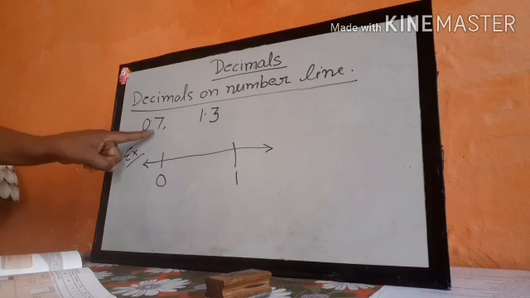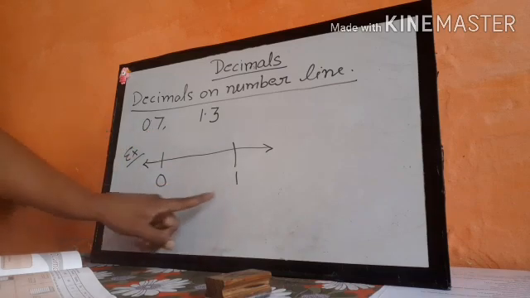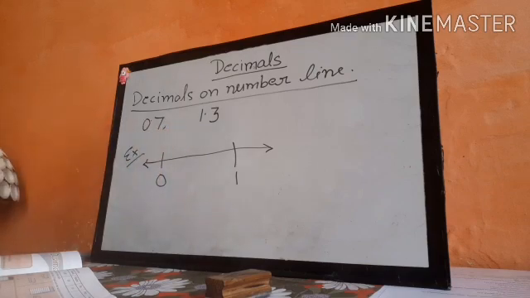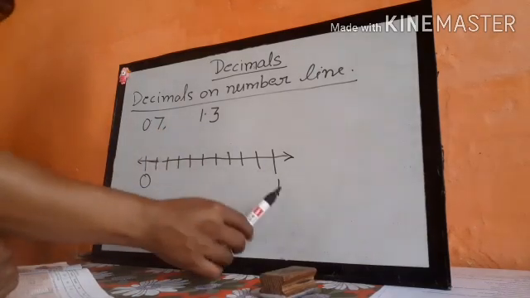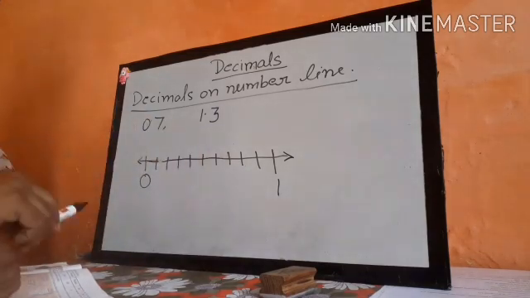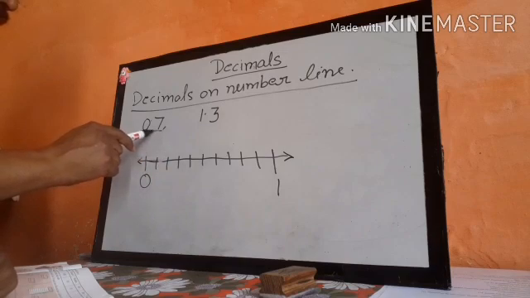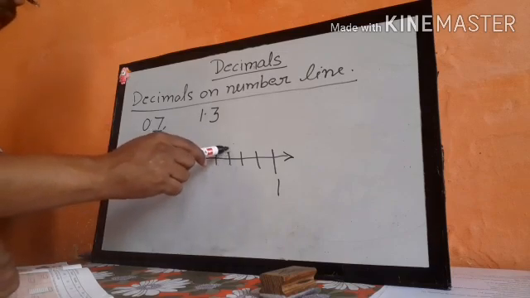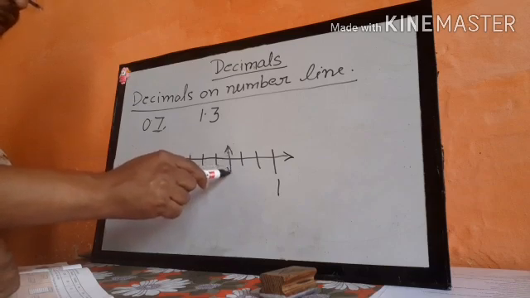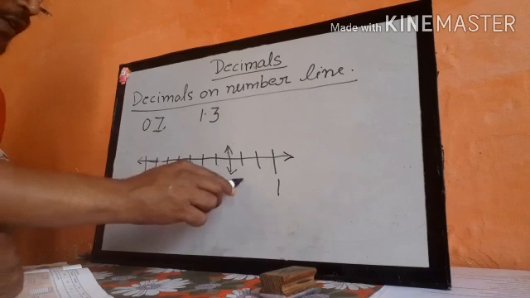So divide the gap between these two whole numbers into 10 equal parts. I have divided the gap from 0 to 1 into 10 equal parts. Now choose 7 out of these 10, because there is a 7. So 1, 2, 3, 4, 5, 6, 7. Choose this one. This line will express 0.7.